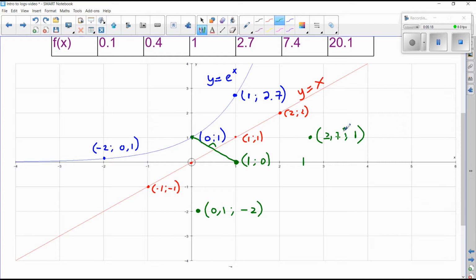Now, if we could join the dots, we see the shape of the graph. I only have 3 points on this graph, but this is the shape of the graph.